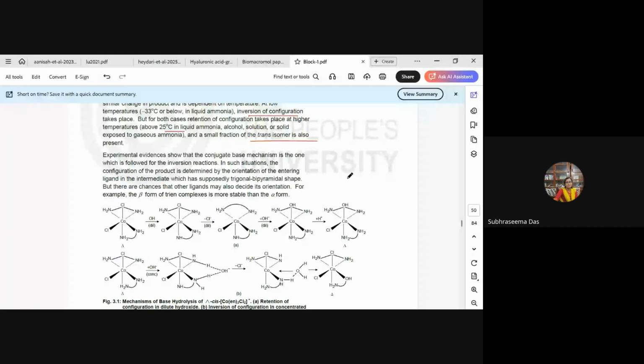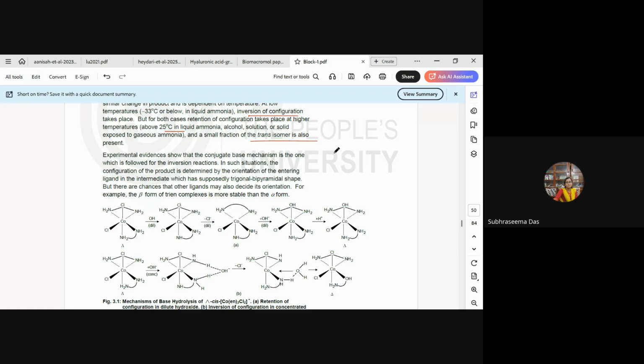In such situations, the configuration of the product is determined by the orientation of the entering ligand in the intermediate, which supposedly has the TBP shape. But there are chances that other ligands may also decide its orientation. So whenever we have an inversion of product, we have mostly indicated that it is due to the conjugate base mechanism, but sometimes it isn't.